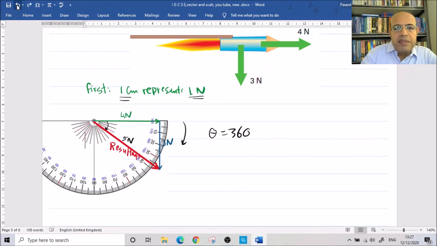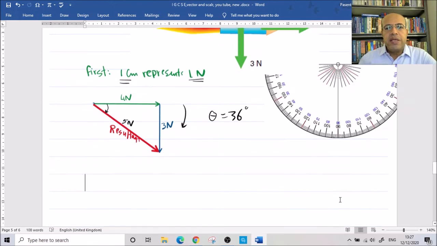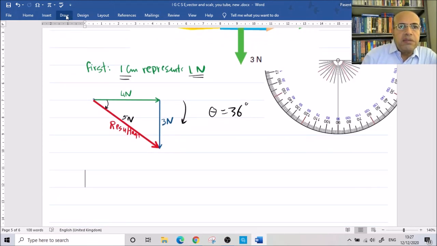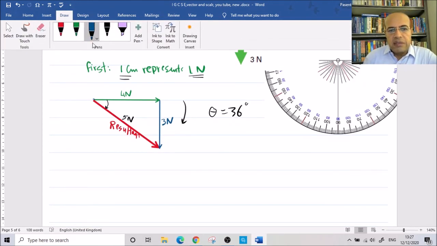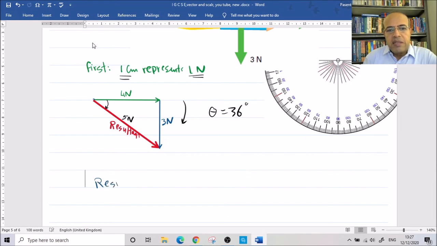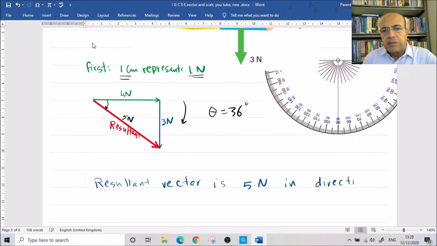So the angle theta is 36 degrees. What do we say here? The resultant vector is 5 Newton in direction 36 degrees below the horizontal.